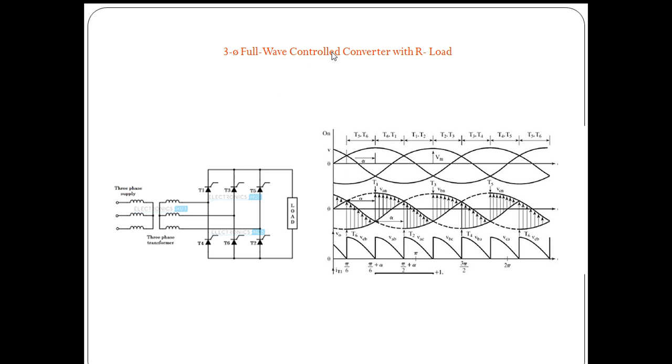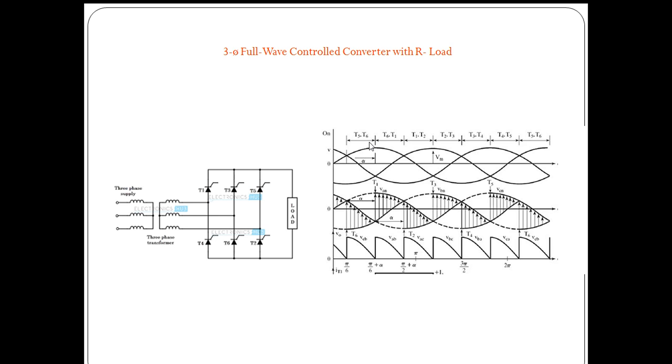So here phase B will be lagging by an angle of 120 degrees with respect to phase A, and phase C will be lagging by an angle of 120 degrees with respect to phase B, and C is lagging 240 degrees with respect to A. And if we observe, each thyristor will be conducting for a duration of 120 degrees, and a pair of thyristors will be conducting for a duration of 60 degrees.